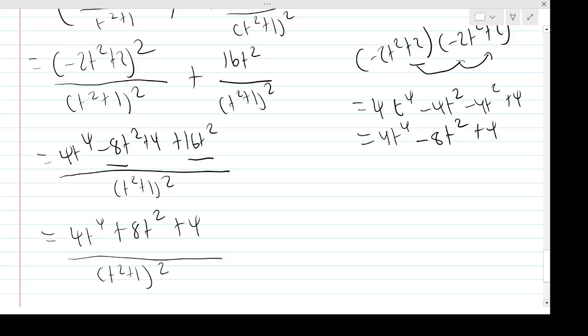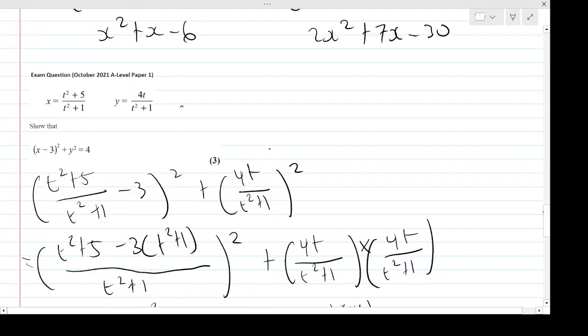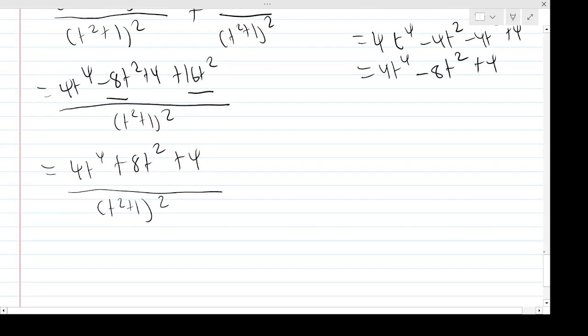Okay, well, let's bear in mind, the answer needs to be equal to 4. What that essentially means is, whatever this is on the bottom, it kind of has to resemble this bit on the top. And actually, we can be a bit crafty and notice on the top we can already factor a 4 out. We can simplify it a little bit.